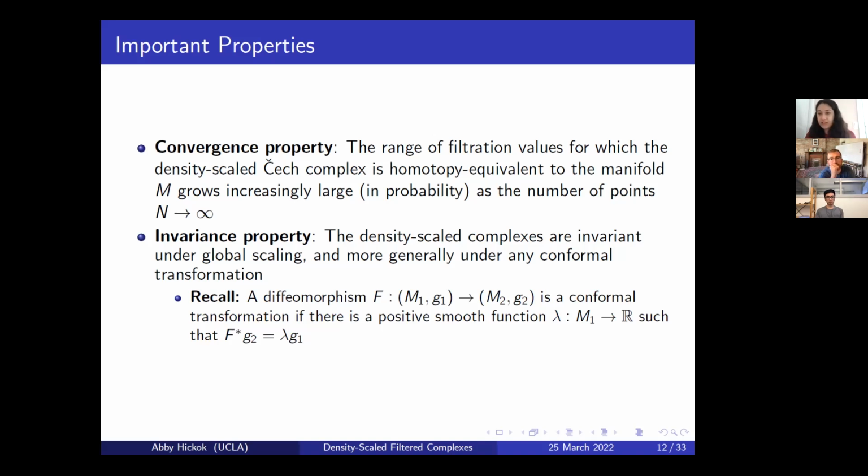So global scaling is a special case of a conformal transformation. I usually think of a conformal transformation as a transformation that's locally scaling the manifold. Unlike usual complexes, which we saw in the example at the beginning with the two circles of different sizes, and which are very sensitive to things like scaling, the density scaled complexes have this invariance property.